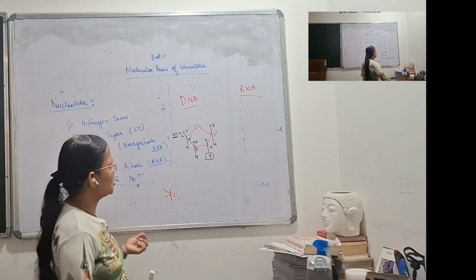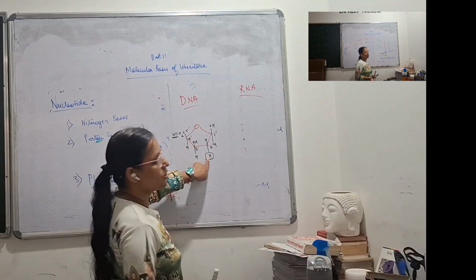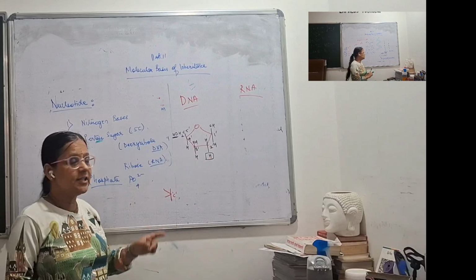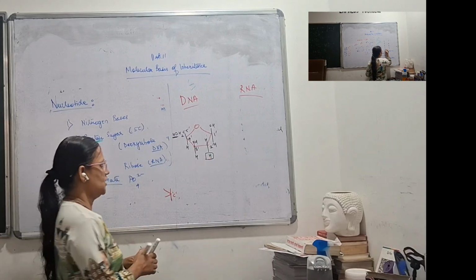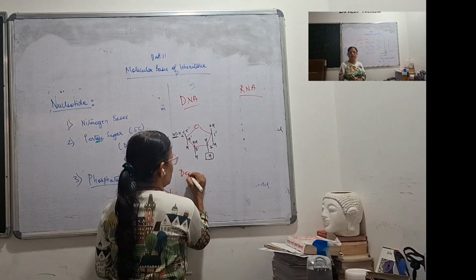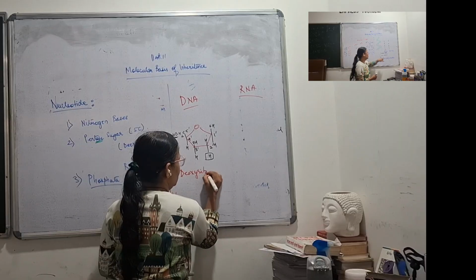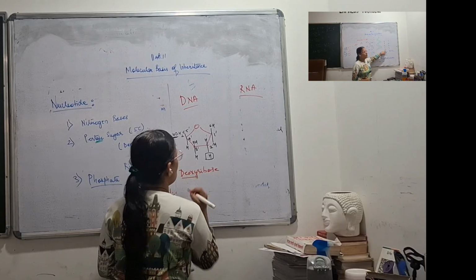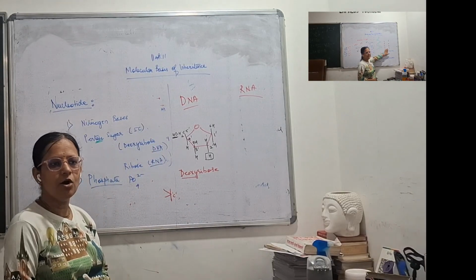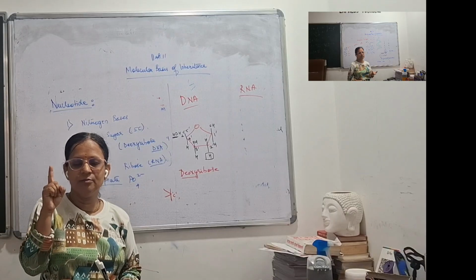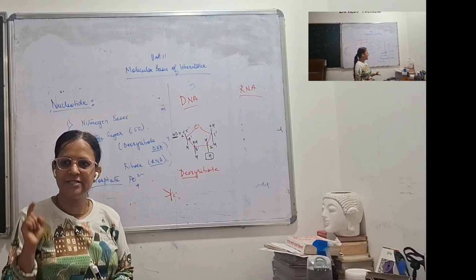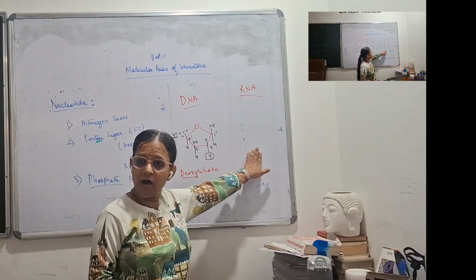Now the question will come, ma'am, here you have put H, here it should be OH. But it is deoxy. It is deoxyribose sugar. In DNA, we have deoxy sugar. Deoxy meaning one oxygen atom is less as compared to RNA.